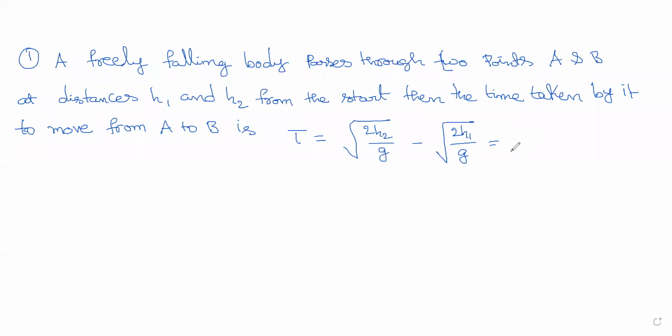So that is square root of 2 by g into root H2 minus root H1, in seconds.